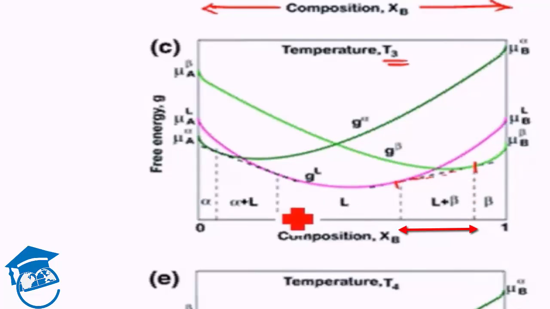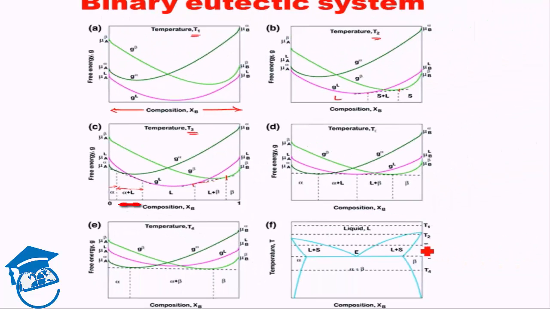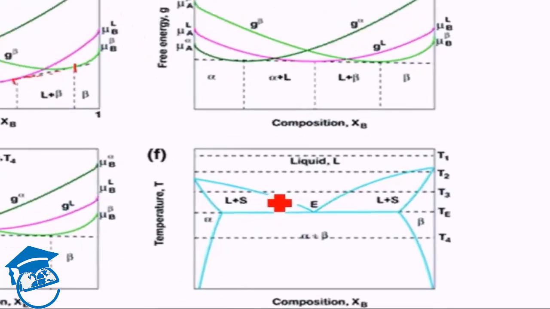Then we have some region which has liquid as the minimum free energy phase, but we also have alpha, which is the minimum free energy for a certain region, and then alpha plus liquid. So let's replicate it here. At T3, we have beta plus liquid, alpha plus liquid, alpha.